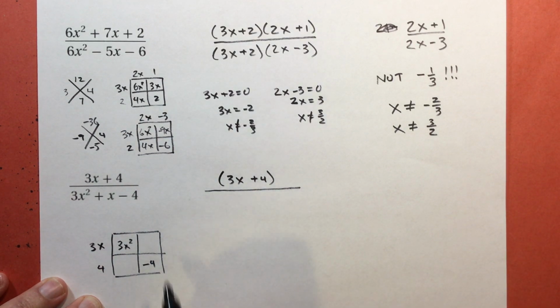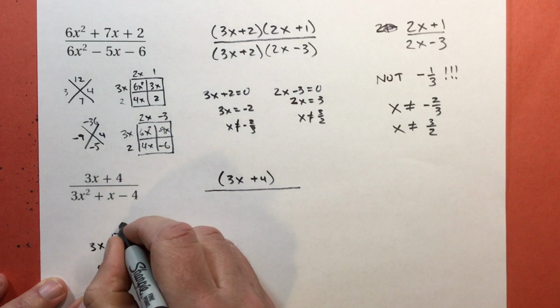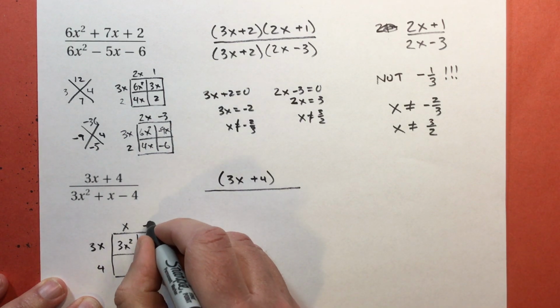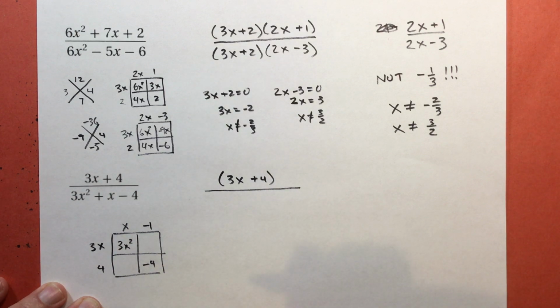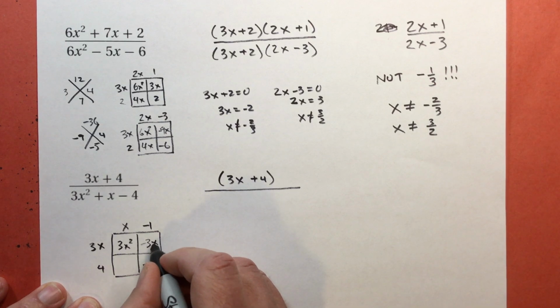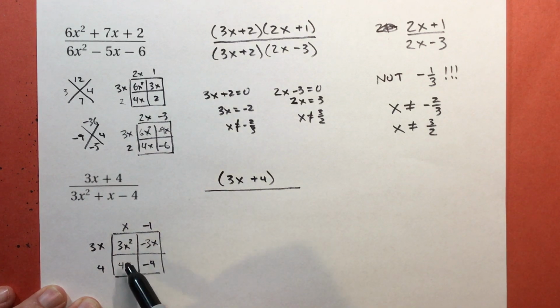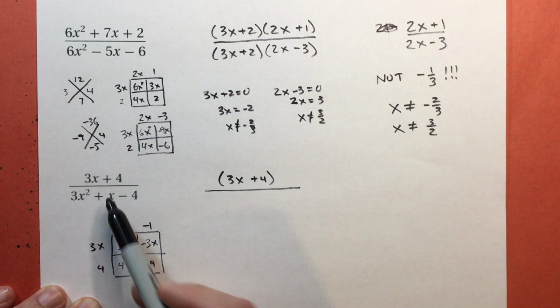I don't know what these two are, but I know they add up to positive 1x. So what goes up here? 3x times x equals 3x squared. What goes up here? 4 times negative 1 equals negative 4. So what goes in these two boxes? Negative 3x and 4x. And is it true that 4x plus negative 3x equals positive 1x?